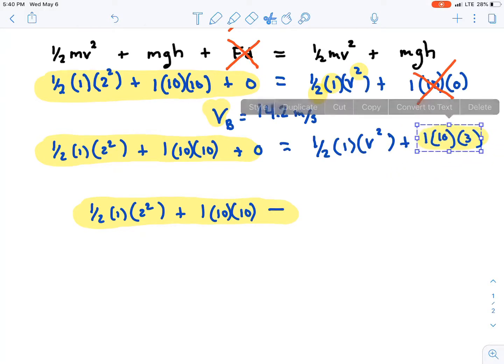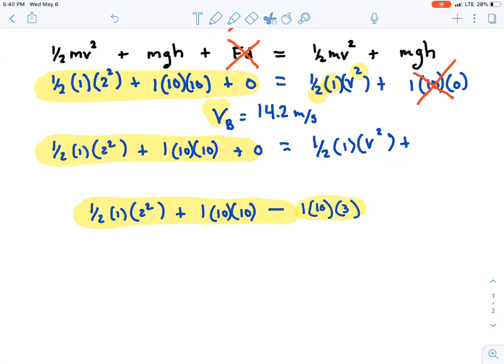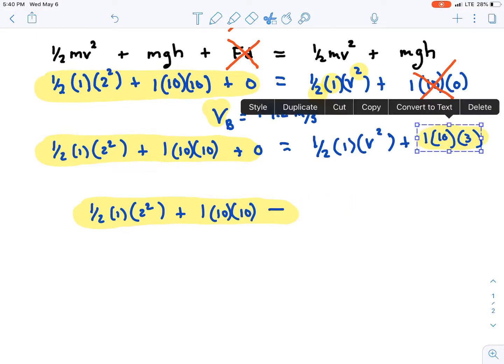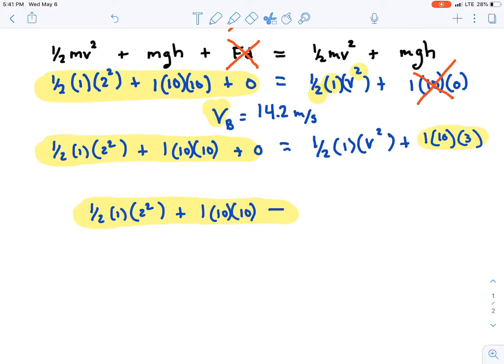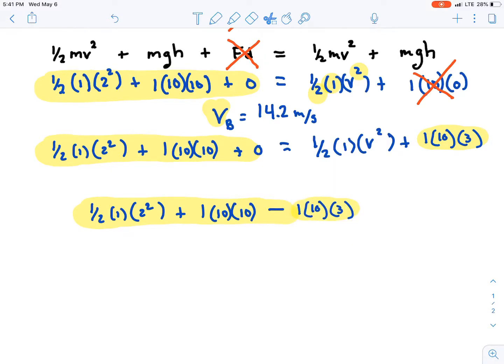I'll put that right there. All right? I should have copied it. There we go. And then make that equal to what we're trying to find there.